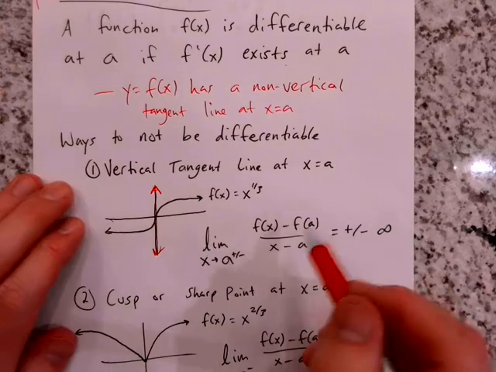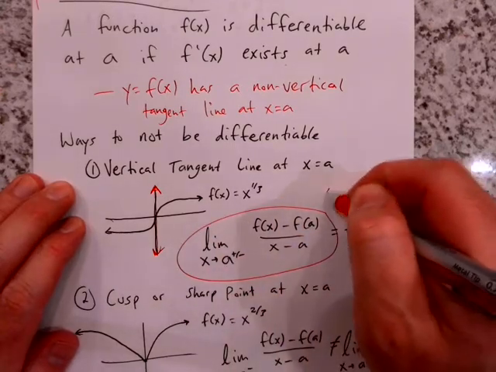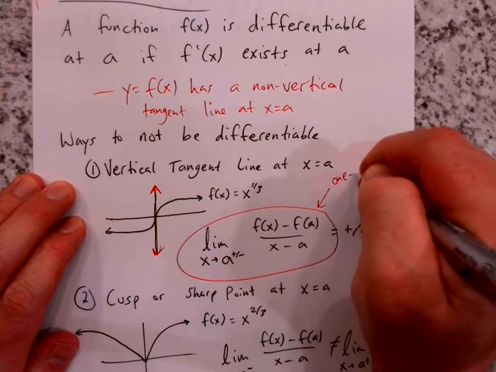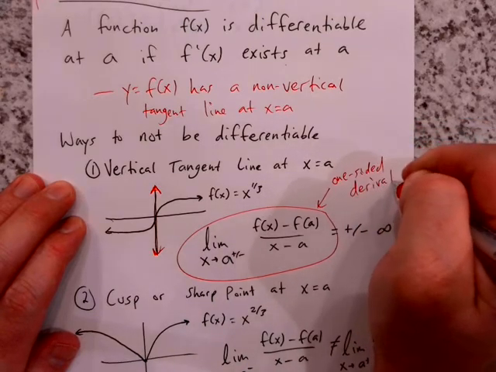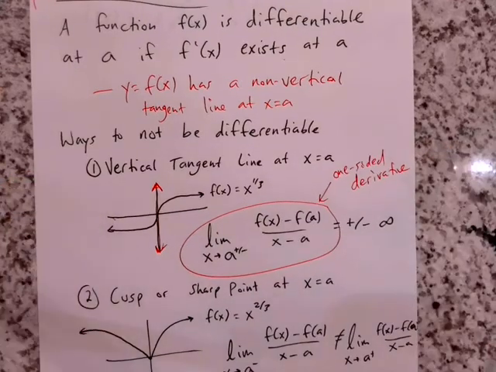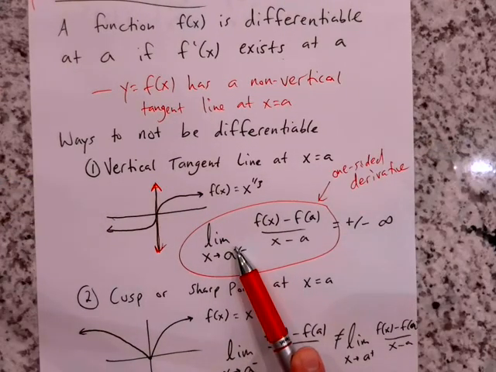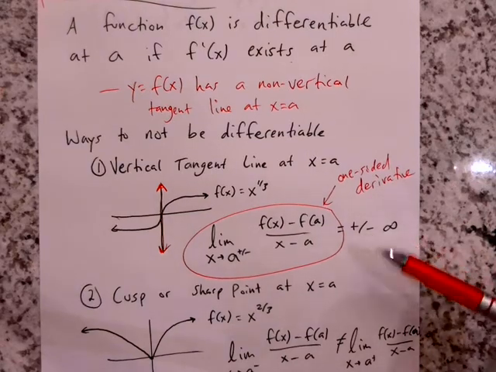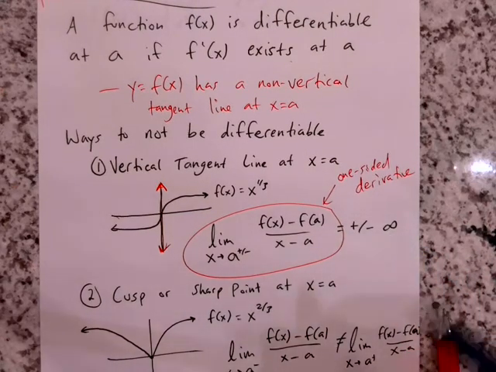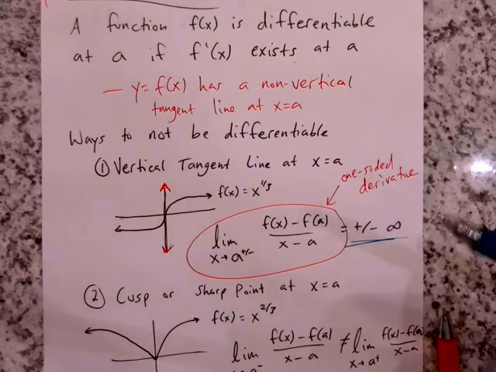So essentially, that limit right there is called a one-sided derivative. If it was just the limit as x approaches a, that's the derivative, but from the right or the left is the one-sided derivative. And this means that the derivative from one of the sides is going to infinity, which is not a number, so f prime does not exist.